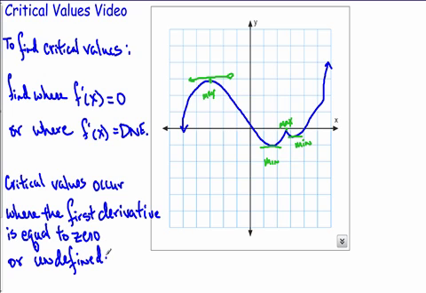Okay? So that's what we're going to do, is we're going to find some critical values on a few problems following those guidelines. All right?